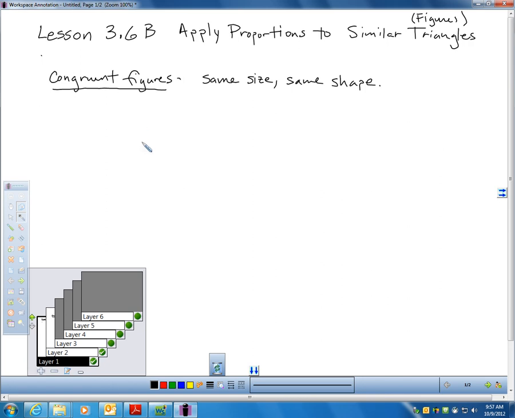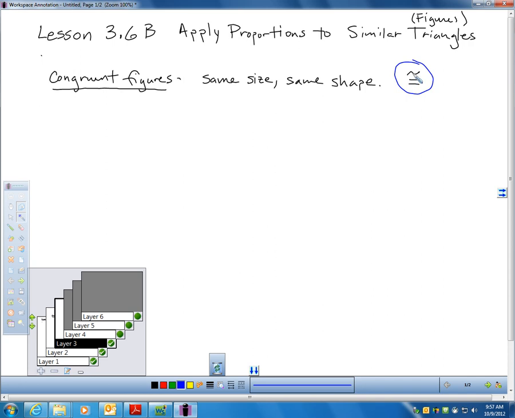And the first of those things would be, what is congruent figures? When you hear congruent, congruent means you have figures that are the same size and they're the same shape. So I hope I drew a good picture here. I wanted to give you an example of that. And by the way, before I show you my picture, congruent has a special symbol, and it's this one right here.